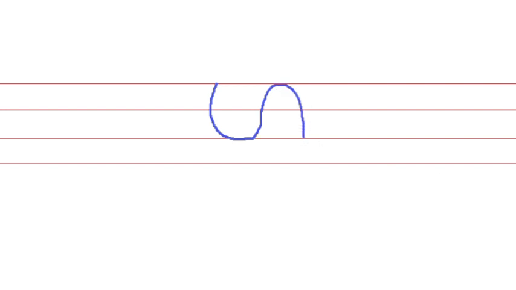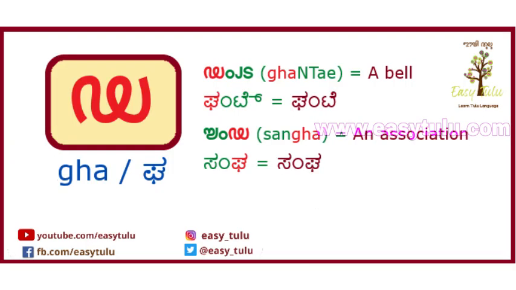Ga. Next one is Gha. This is the aspirated Ga sound used to write Sanskrit words. Examples: Ghanta. Ghanta means a bell.